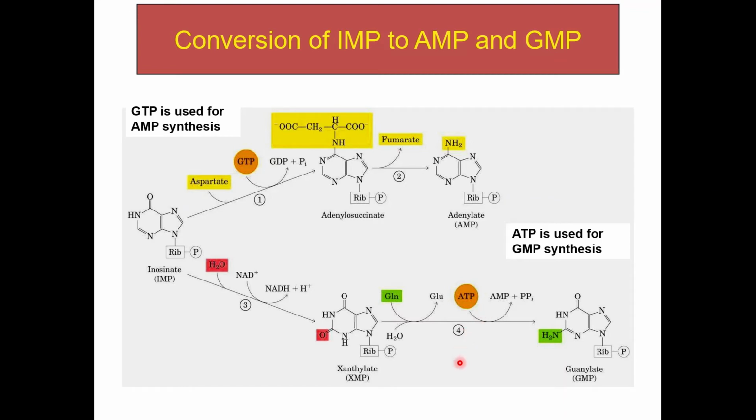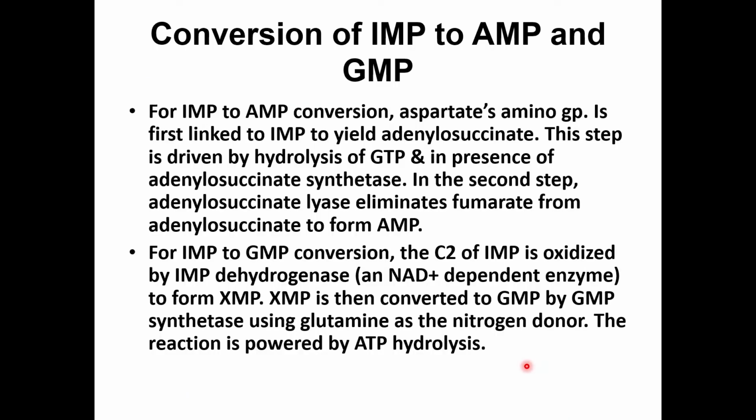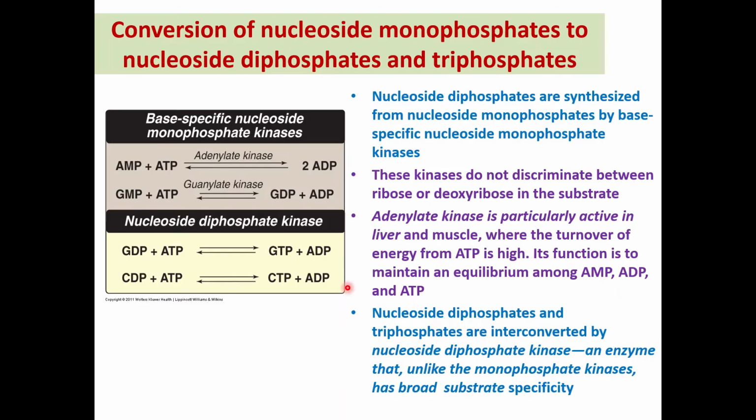hydrolysis. So now we have AMP and GMP with us. From AMP to ADP, we need kinases, and from GDP to GTP, we need kinases again. Nucleoside monophosphate kinases are required, in which AMP is converted to ADP and GMP to GDP.